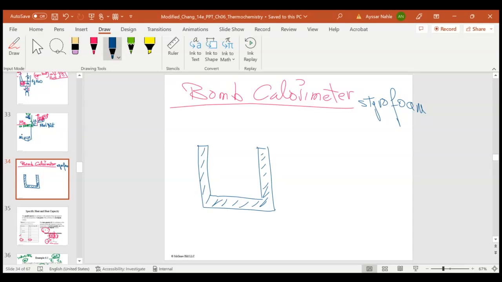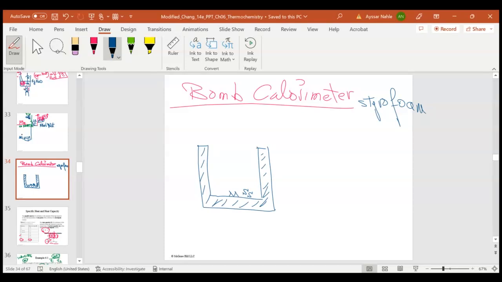And right in there, I can put a stand, okay, a stand. And in here, I'm going to put a container of stainless steel, SS, stainless steel, because it's conductive. And this one was styrofoam in there.